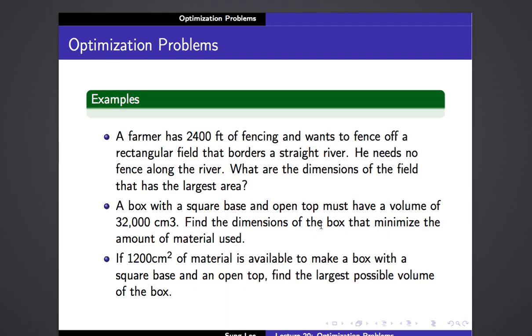Okay, so that is the question. For this type of question, it often helps to set up the question if you draw a picture that depicts the description of the question.